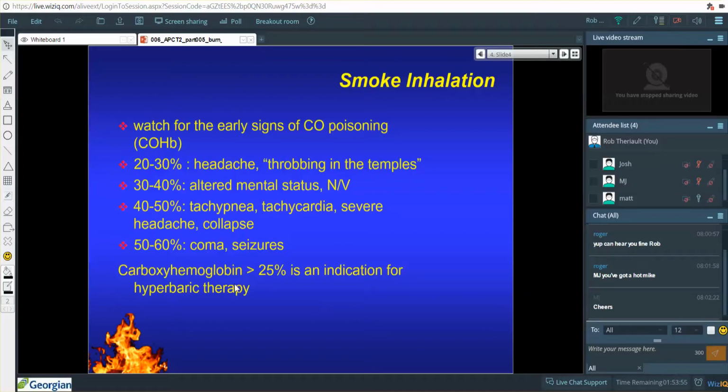Generally speaking, carboxyhemoglobins greater than 25% are an indication for hyperbaric therapy. Now, I know Simcoe carries CO detectors, not oximeters, but devices for measuring CO. Anyone else here work for a service that carries CO detectors?